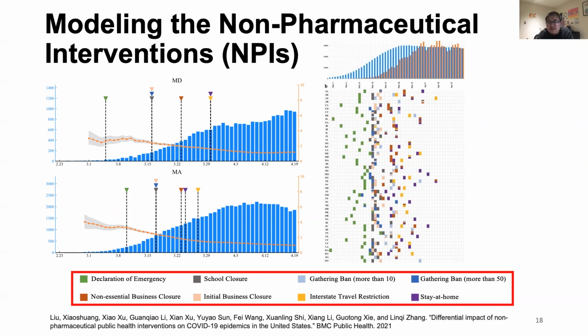The blue bars represent the daily number of infections, and orange lines show the trends of RT, and the gray shading refers to the 95% confidence interval of RT, and the dates range from February 22nd to April 19.